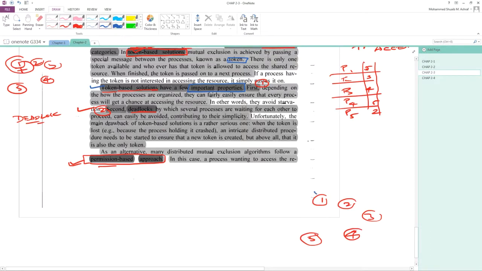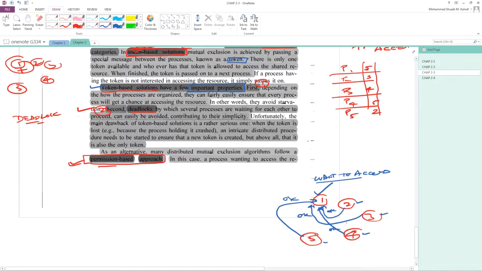Now, if process number 1 wants to access the resource, then he needs permission from 2, 3, 4 and 5. Process 2 will give okay, 3 will give okay, 4 will give okay, and 5 will give okay.